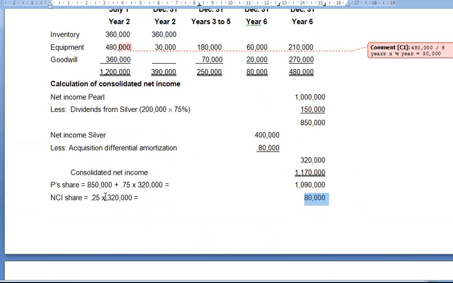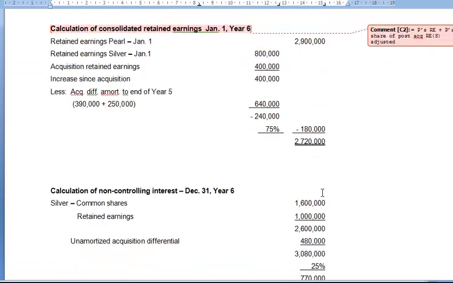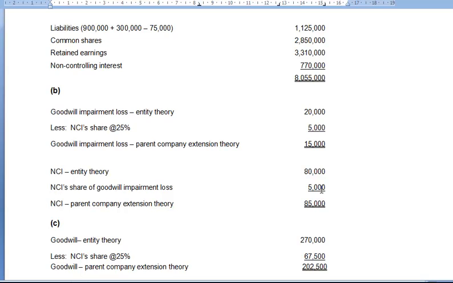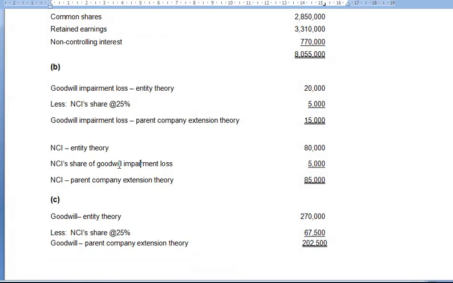Sure it does, because 320,000 was the entire net income less the acquisition differential amortization, right? So that number here includes everything. That's the NCI share of income, right? So therefore, what we would want to do here is say, well, look, we're not allocating NCI its share of the goodwill impairment loss. So we're not allocating 5,000 of that, right?